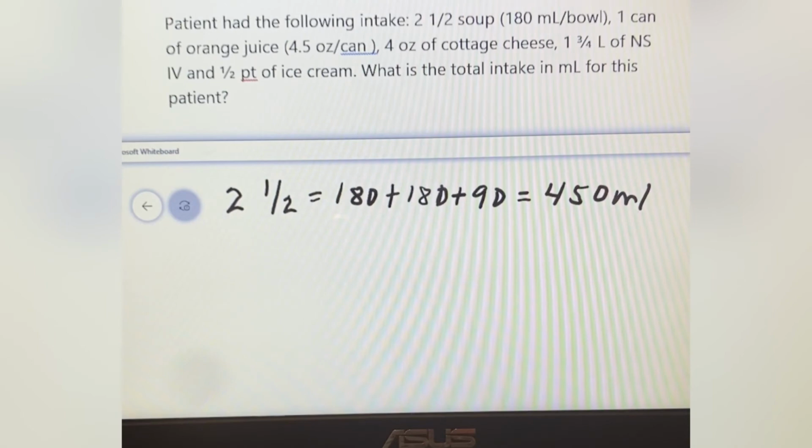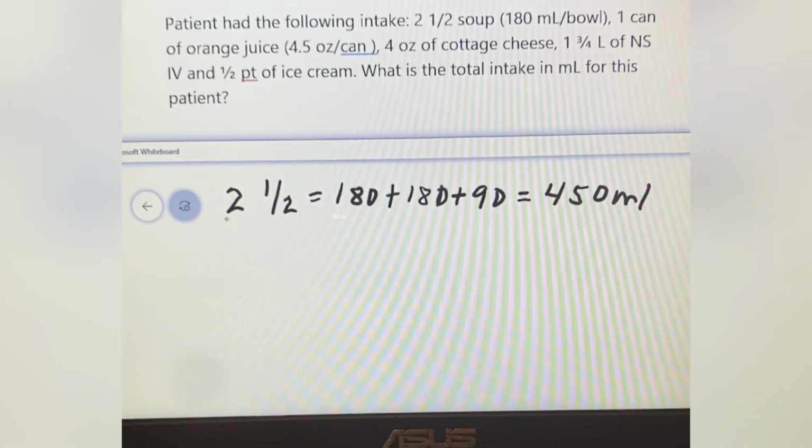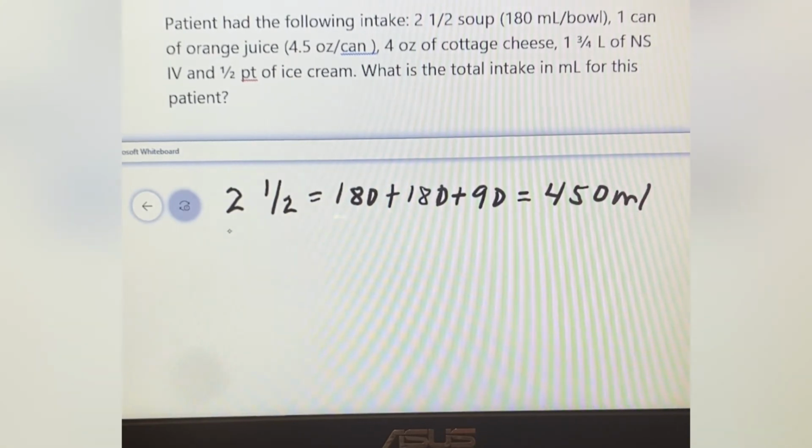Next, 1 can of orange juice. 1 can is 4.5 ounces per can.